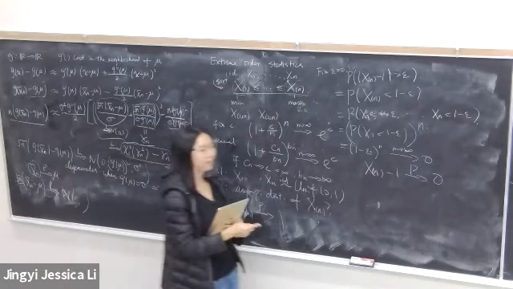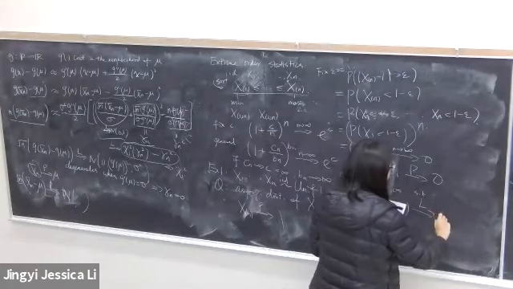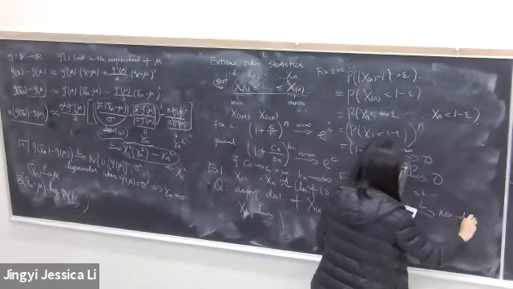The reason I reverse the order is that I want something positive, because Xn is always under 1. I want to find what this an is such that this thing will converge in law to some non-degenerate distribution.